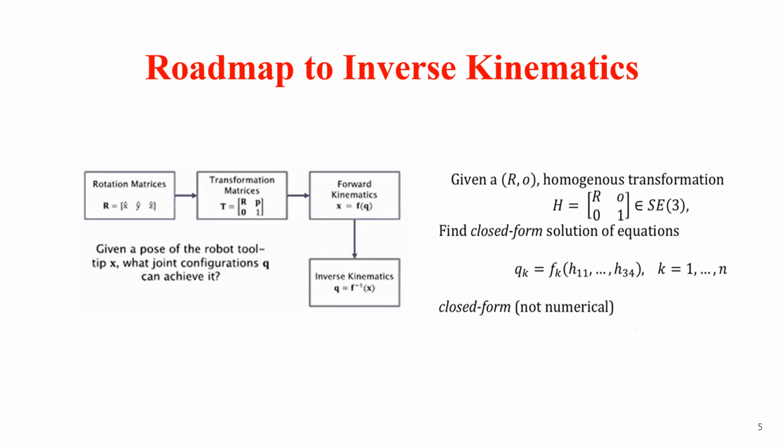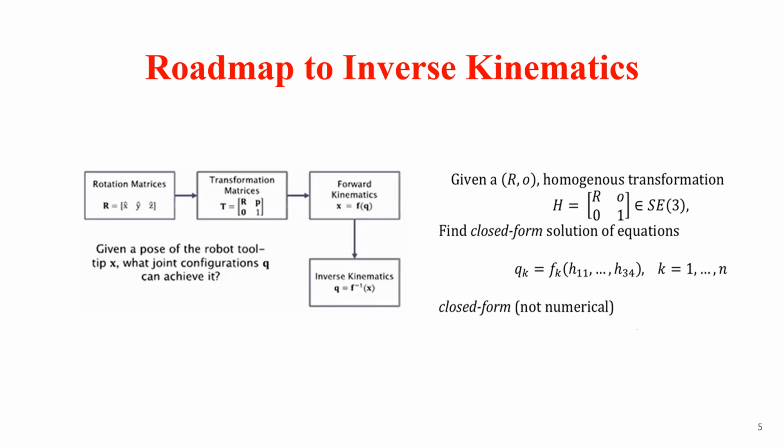So how will you determine the joint coordinates given the pose? If the transformation matrix or the pose of the end effector is known to you, then from the transformation matrix you can determine the rotation matrices, and the position information and the rotation information can be obtained from the transformation matrices.